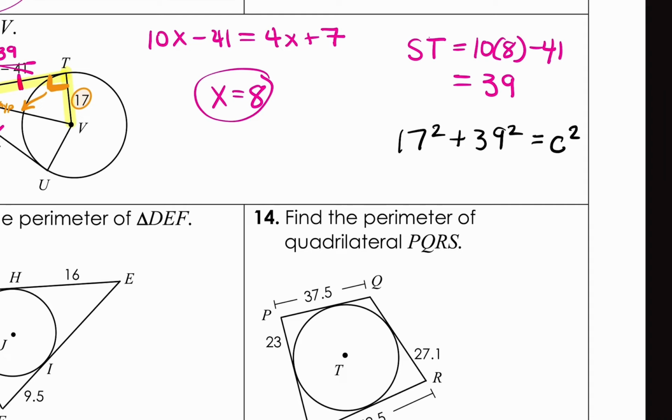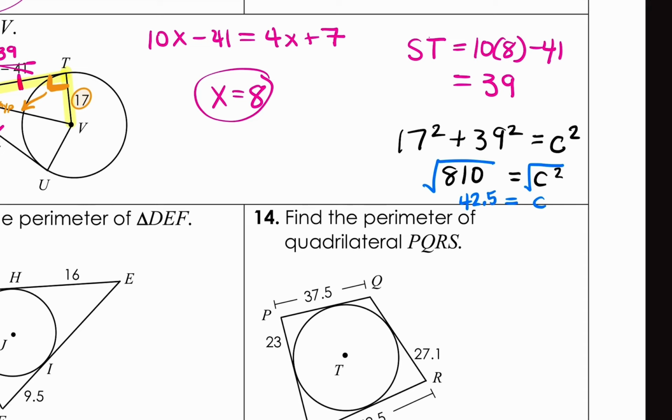And that's going to give you that c squared is 810. Square rooting both sides, you should get that the c value is 42.5.